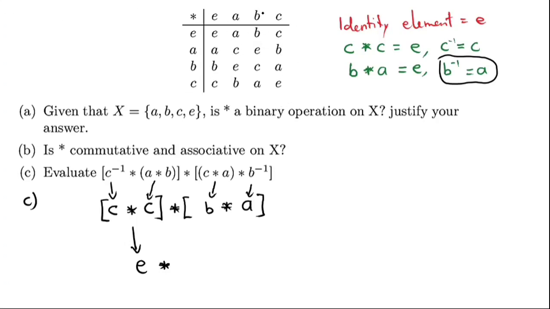So here's our B. Here's our A. What do we get? Identity E. So B star A is the identity E. Lastly, we just have E star E. Here's our E. Here's our E. What do we get? So this just reduces to E. The answer for this whole thing is simply E, the identity element.